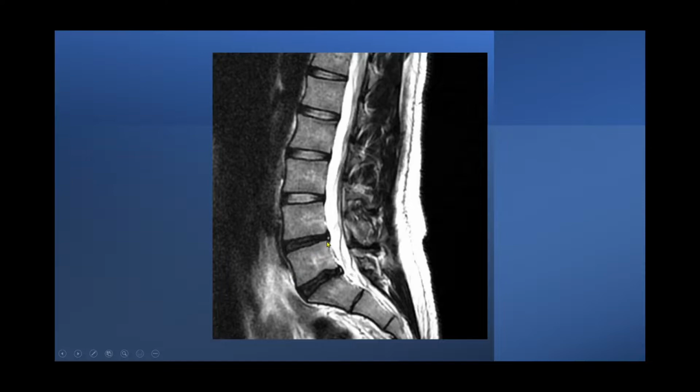And these two discs have little white spots within the capsule of the disc, and these represent what we call high intensity zones, or annular fissures, or annular tears they're sometimes referred to as. And all of these changes can be referred to as degenerative. There are a couple of others as well, but they're the main commonly referred to degenerative changes that we see on MRI scans.